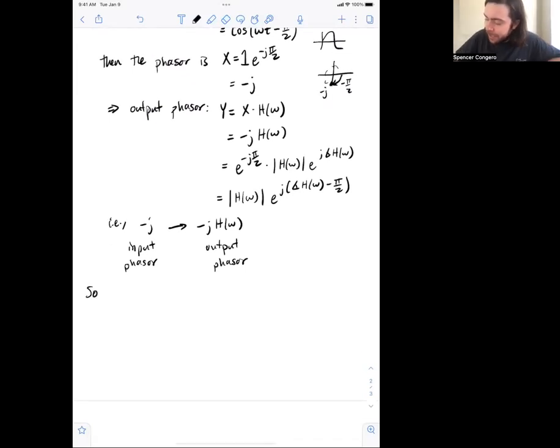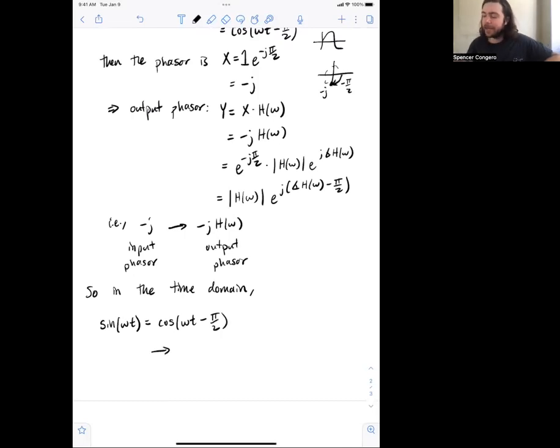All right, so again, what happens in the time domain? In the time domain, okay, I put in sine of omega t, but then I wrote that as cosine of omega t minus pi over 2. And then I put it through the system, and what did I get? Well, this is the phasor I got, my output phasor. So what is the output time signal?